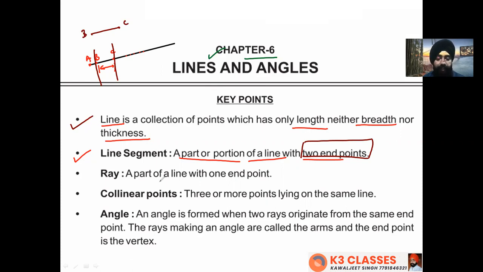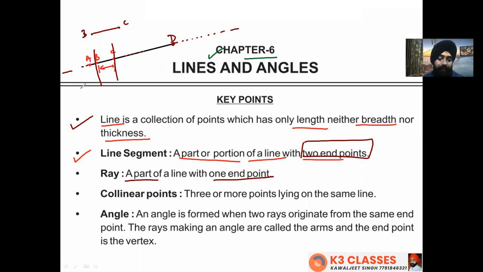Now what is a ray? A ray is a part of a line with one endpoint. Coming back to the line, you can see a line with A as an endpoint and B as an endpoint can be extended to any length from both directions.